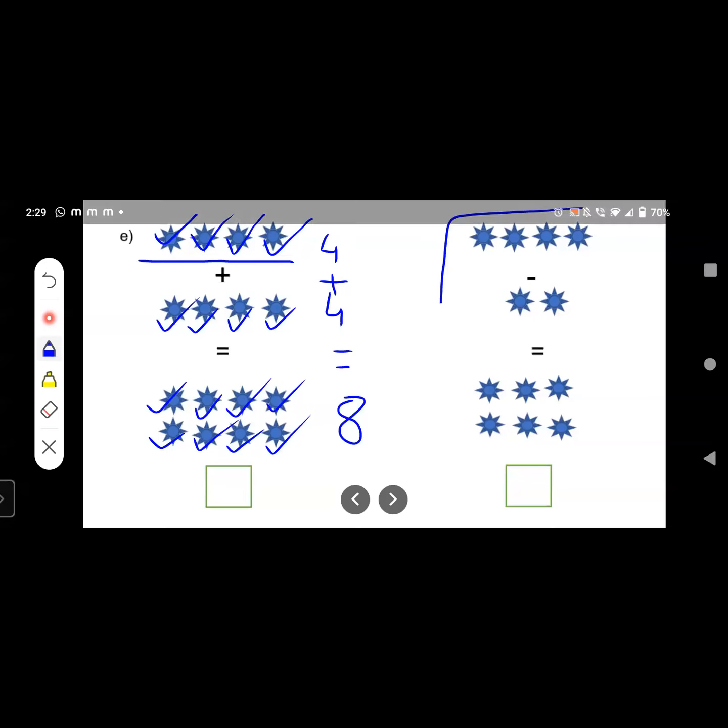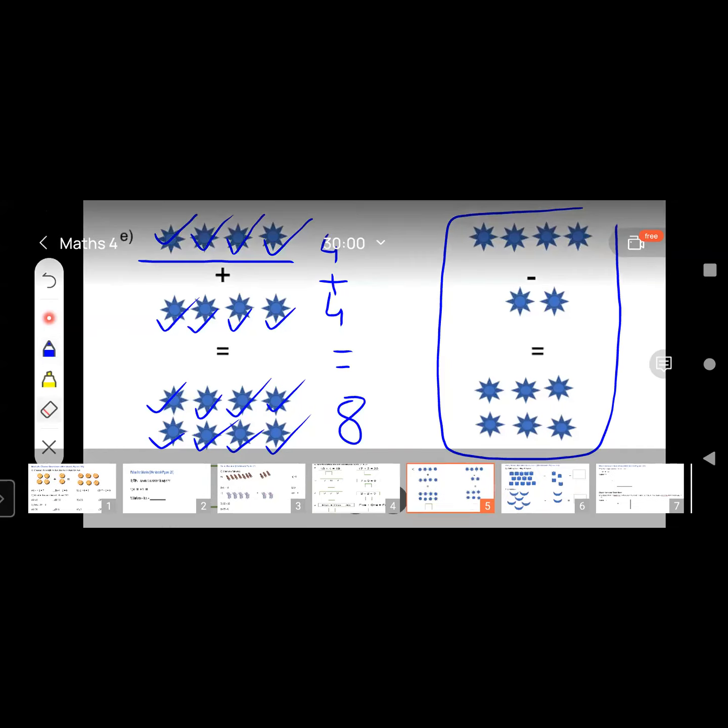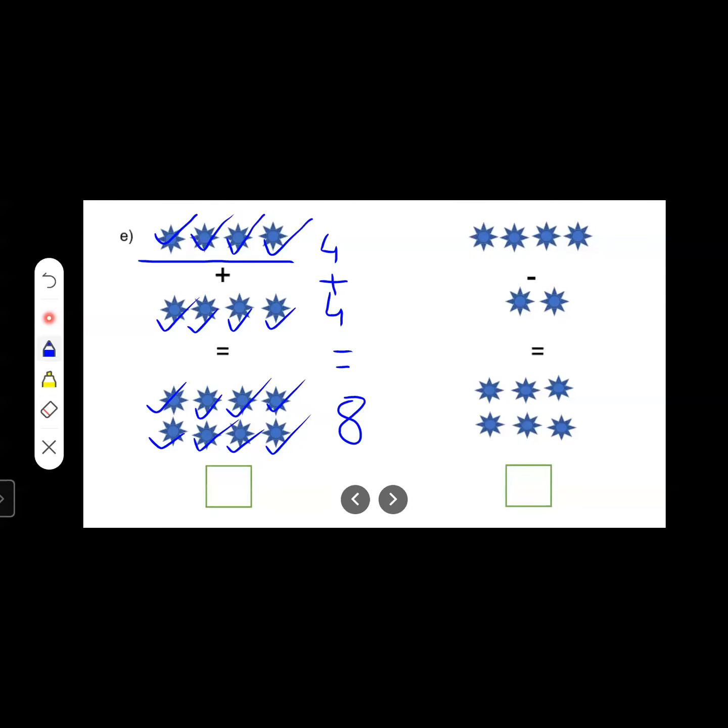Now we will count this one. So start counting with me. How many stars are given in the first line? 1, 2, 3, 4. So 4 stars are there?